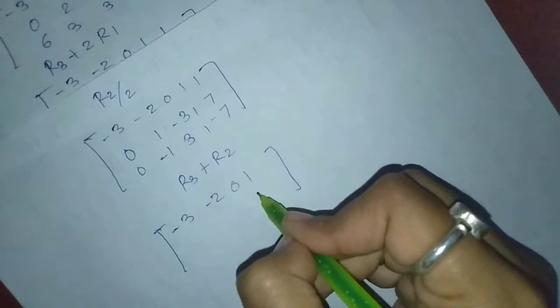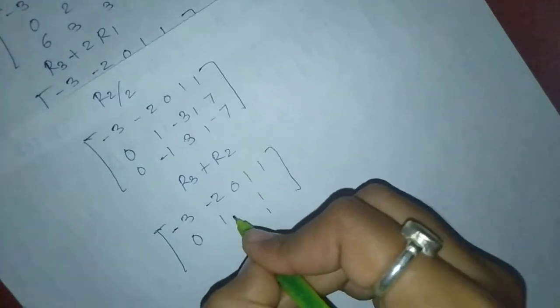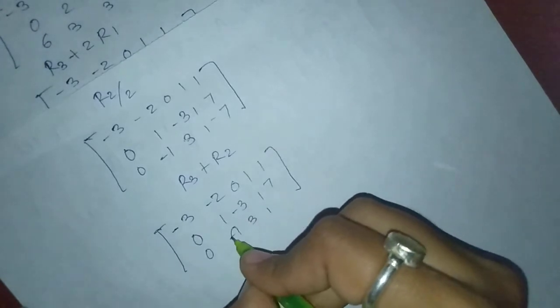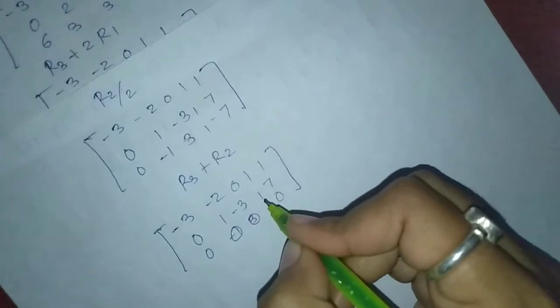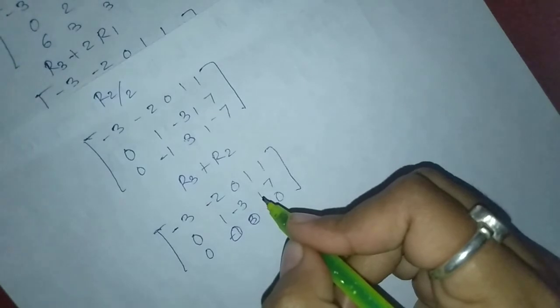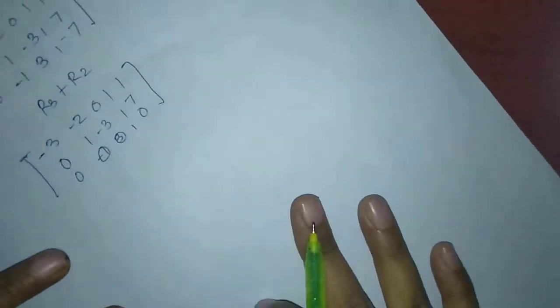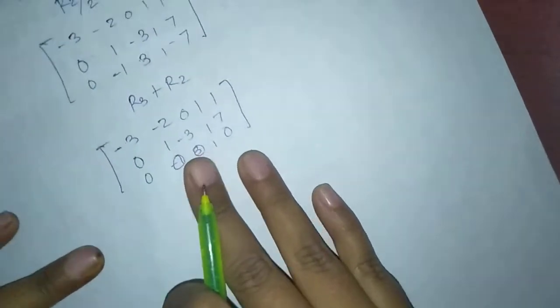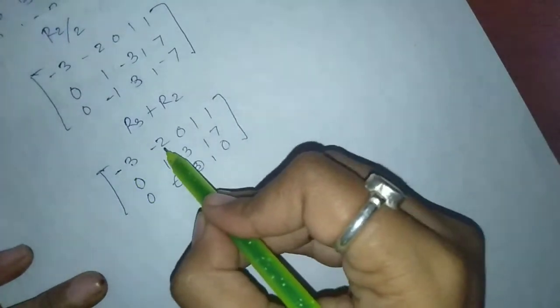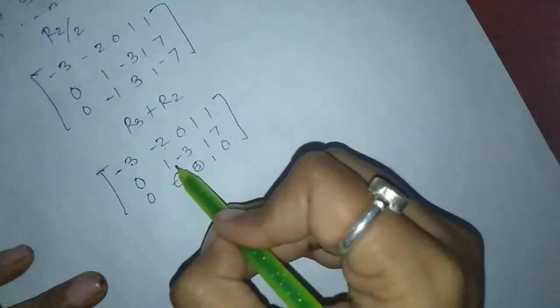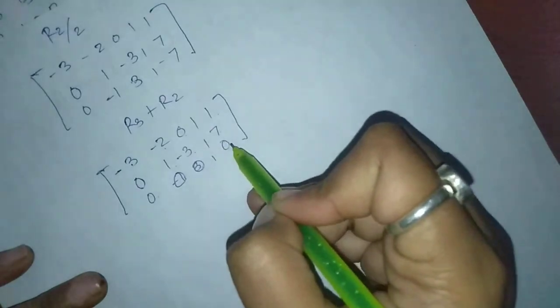First two rows as it is, -3, -2, 0, 1, 0, 1, -3, 7, and third row 0, 0, 0, 0. You can see that -3, -2, 0, 1, 0, 1, -3, 7, 0, 0, 0.